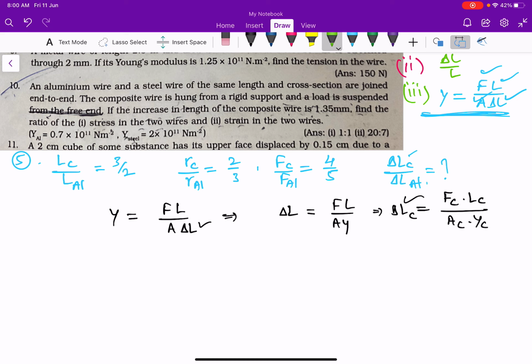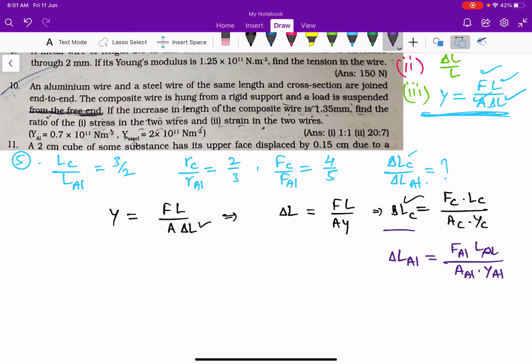Similarly, write the relation for aluminum. Delta L of aluminum is force on aluminum, length of aluminum, divided by area of aluminum into Young's modulus of aluminum.